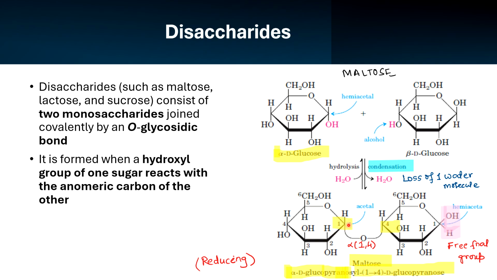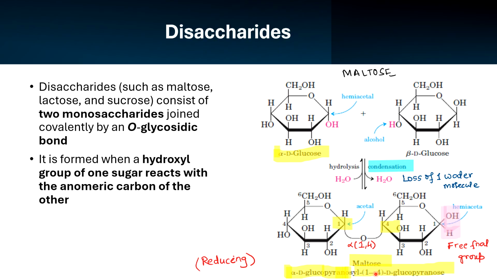It is the anomeric carbon because this carbon has the aldehyde group, or the functional group, and is involved in the ring structure, right? So the hydroxyl group of the anomeric carbon, or C1, reacts with the hydroxyl group of another carbon in the other sugar unit, right?